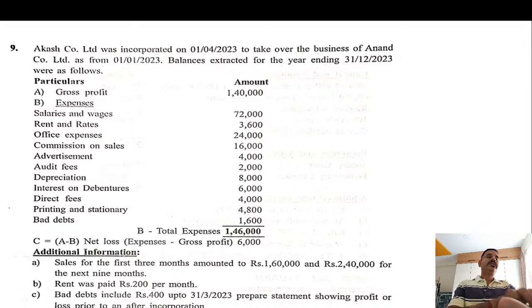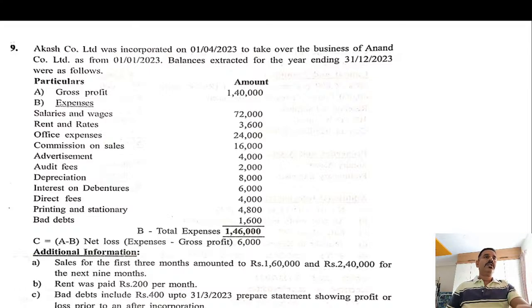So this question appeared from profit prior to incorporation, a very easy chapter in your syllabus. On profit prior to incorporation, 2 sessions are available on my YouTube channel, where you can also watch other different types of problems.